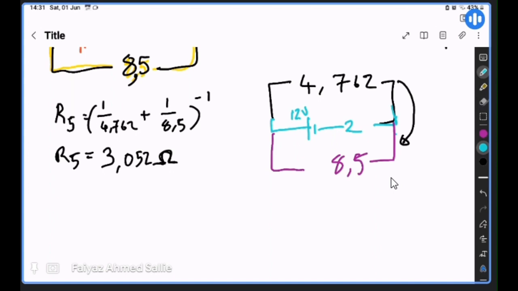So let's redraw that circuit. So we have 12 volts, 2 ohms, and 3 comma 052. All of them are in series.